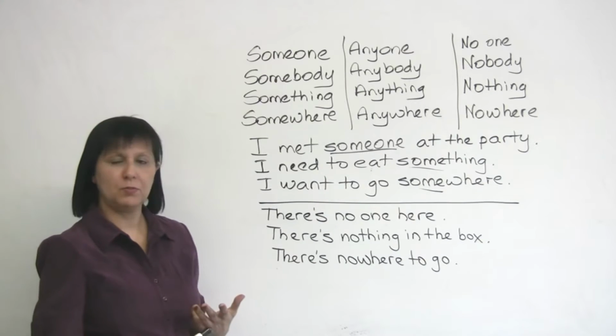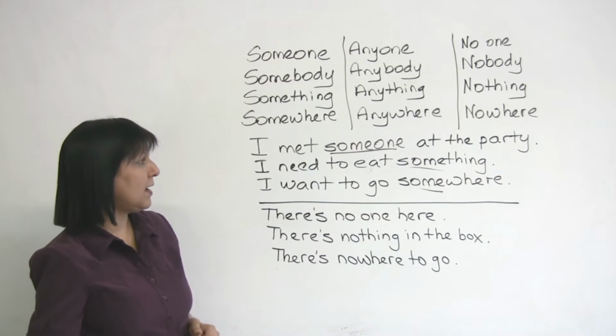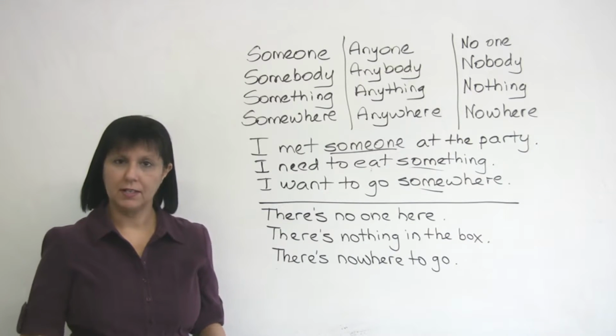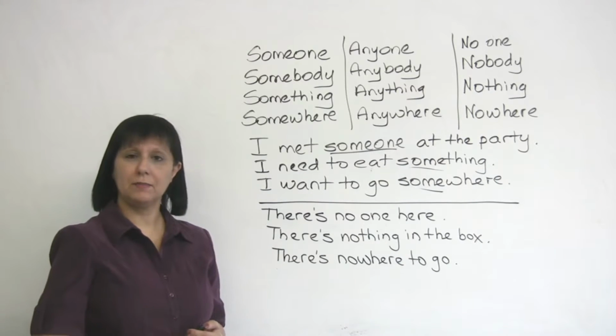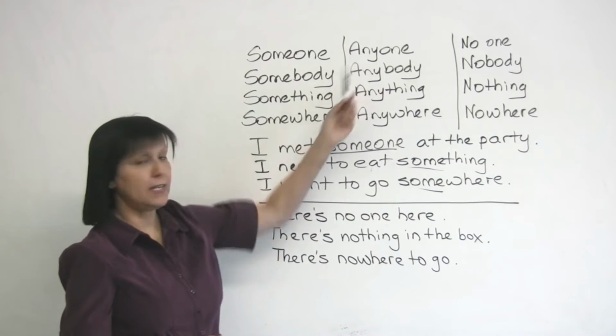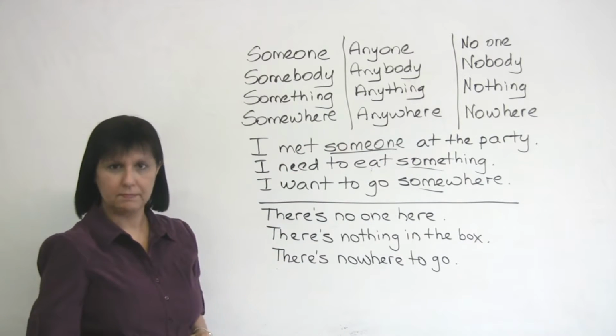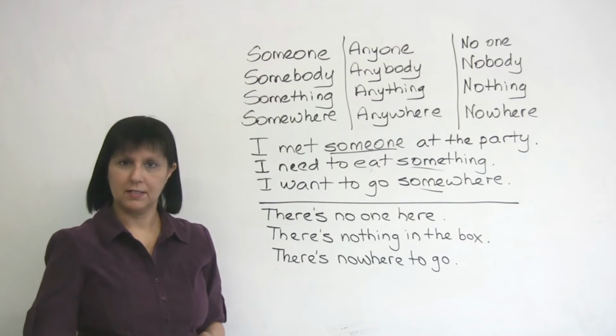Let's see what happens when we turn them into questions. All right? So if we have, I met someone at the party, we could ask, did you meet anyone at the party? Right? Because it's a question, so we're using anyone or anybody, same thing. I need to eat something.